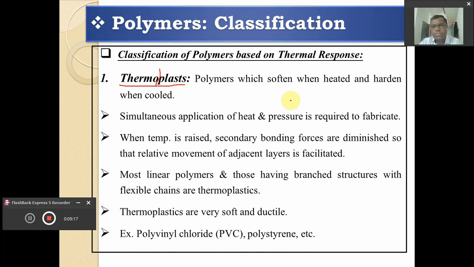So these polymers become softened whenever they are heated, and if these polymers are again cooled, then they become hard.